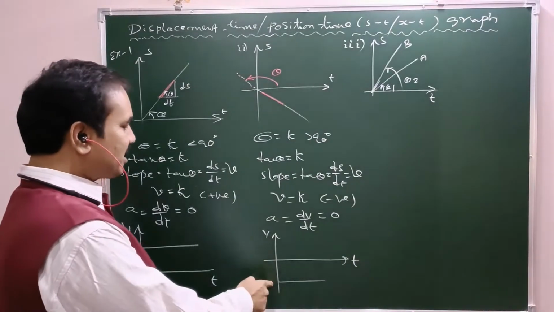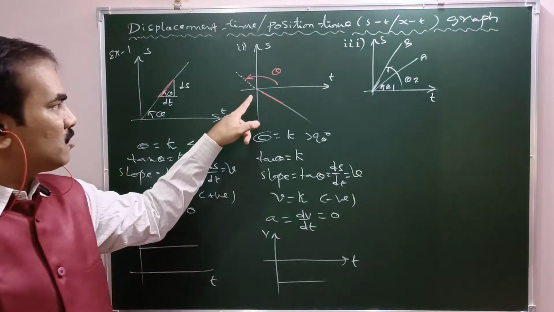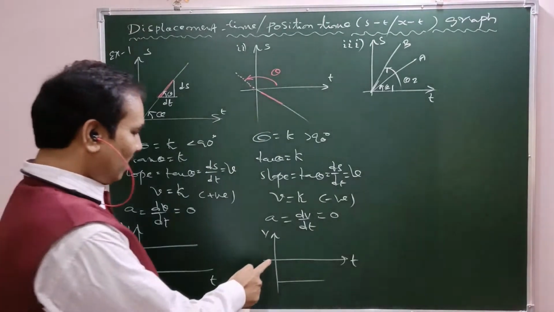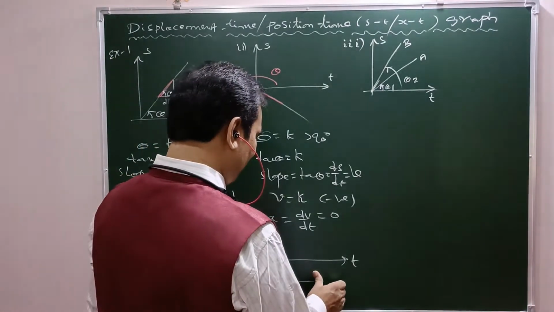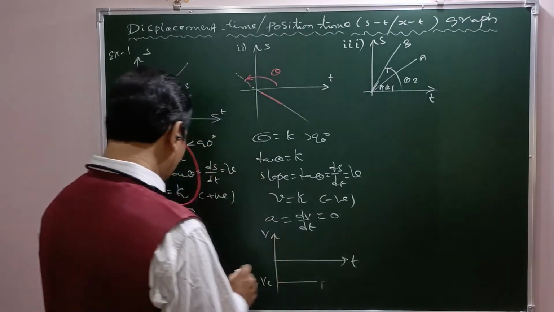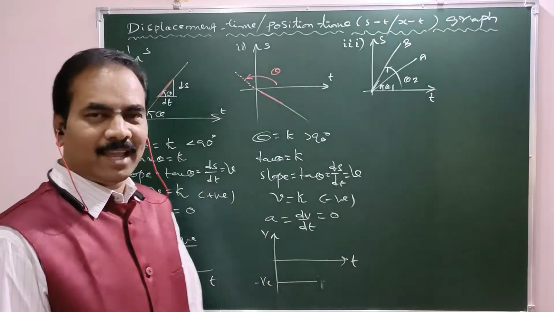It has a certain initial velocity. Why? Because here also slope is there. At t equal to 0 also slope is there for the straight line here, right? So this is the velocity versus time graph. Velocity versus time. So negative. Here it is positive. Here it is negative. Okay, right?